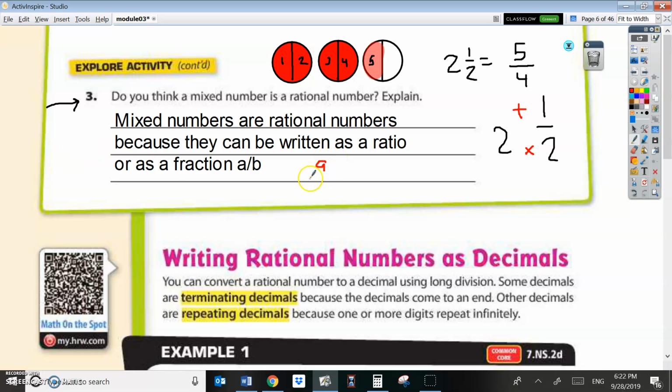So this thing, 2 1/2, can be written as 5 over 2, which is the same as a over b, and it's a ratio.